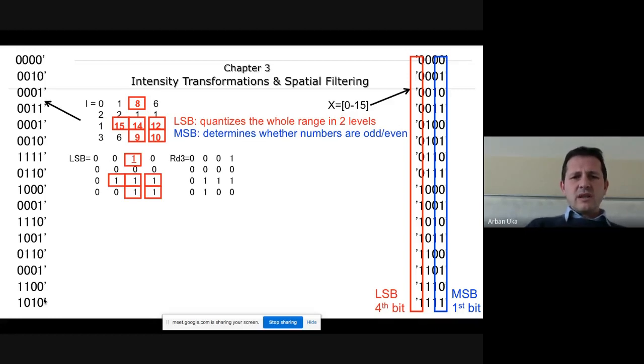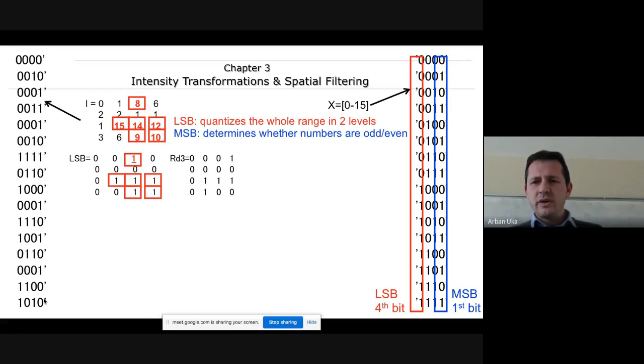Now, if you look at the other bit, the third bit, if you have a look at it on the right side of the slide, if you look carefully, you can see that every 4 elements, it goes 0, 1. So the first 4 are 0. Then the next 4 are 1. The next 4 are 0.